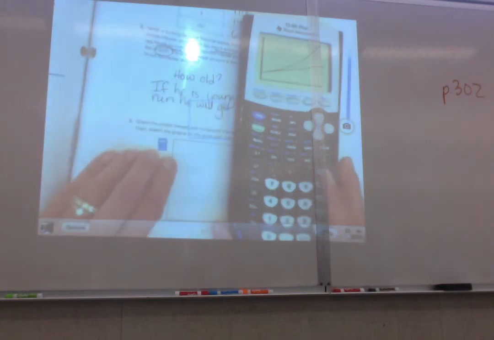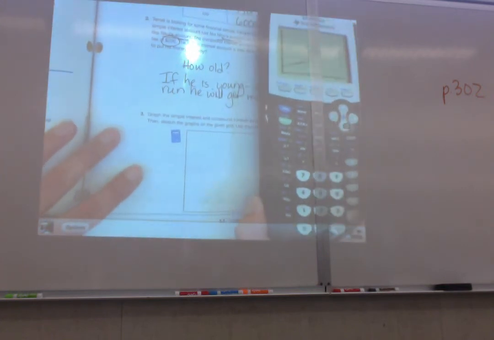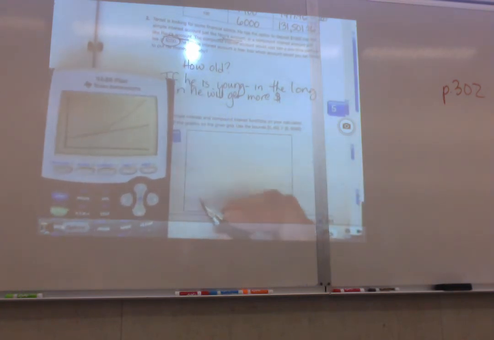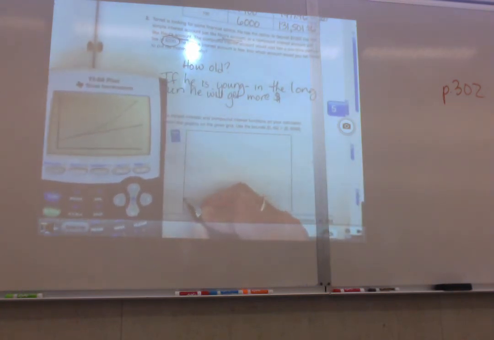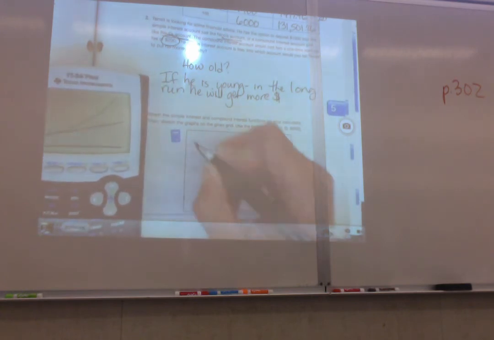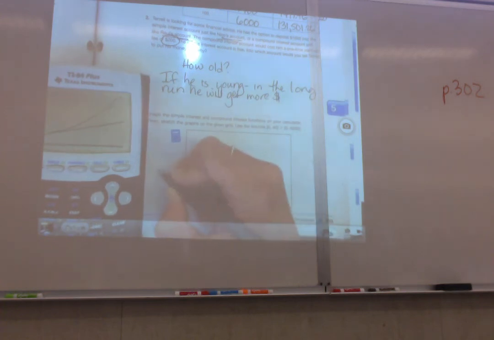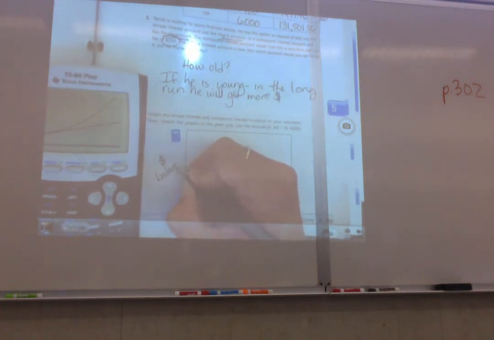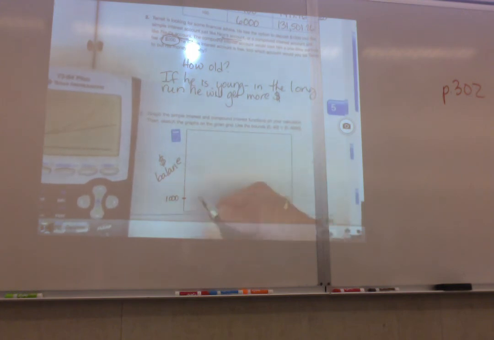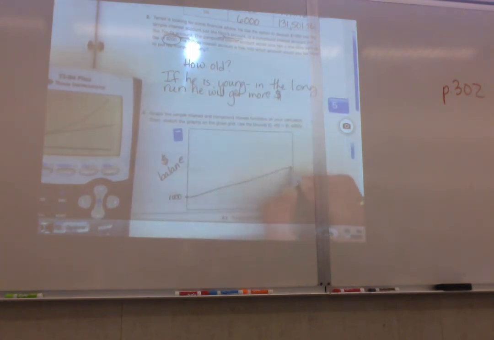Okay? So now we need to sketch this in the little box. They both start a little bit up. They're not starting at 0, right? Why is that? This is the balance, and they all start at 1,000. One goes up gradually over the years.